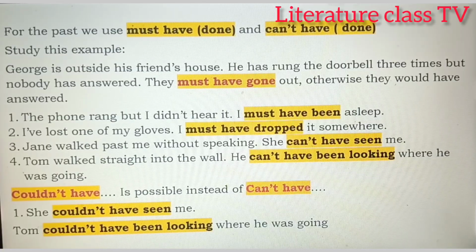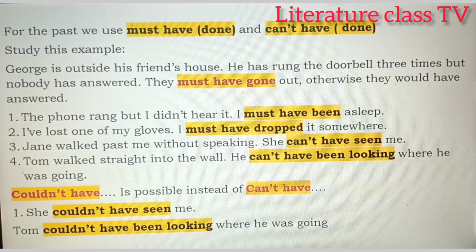The phone rang, but I didn't hear it. I must have taken a sleep because I didn't hear the phone ringing. I have lost one of my gloves. I must have dropped it somewhere.